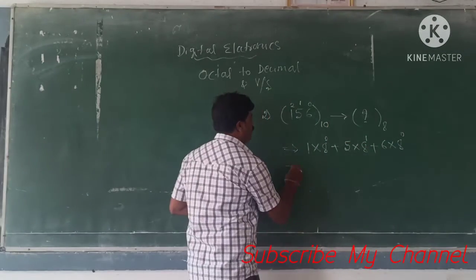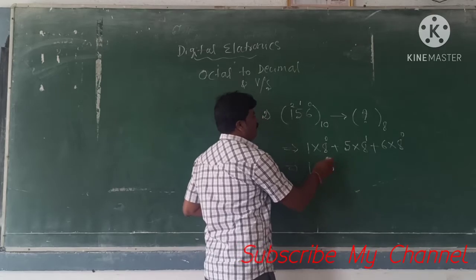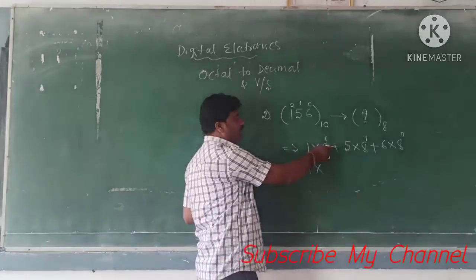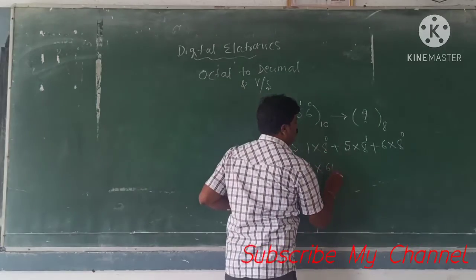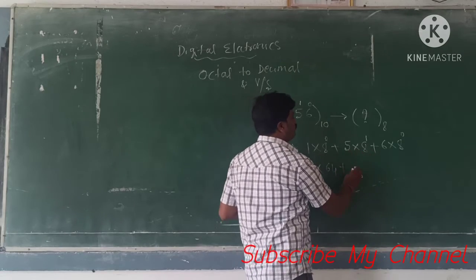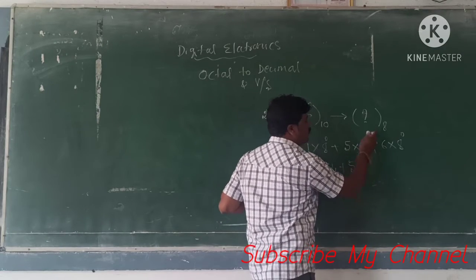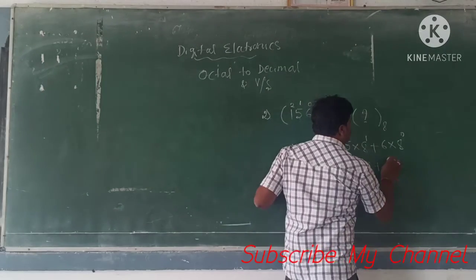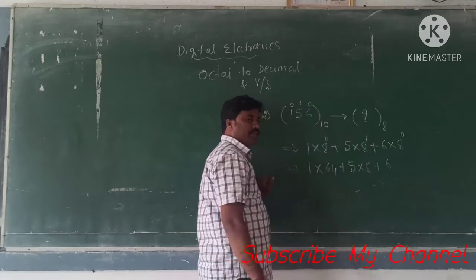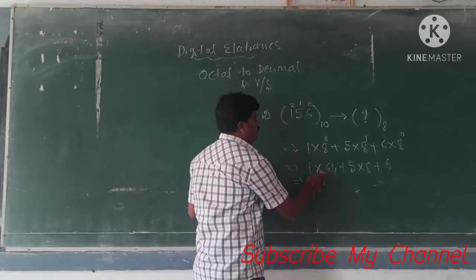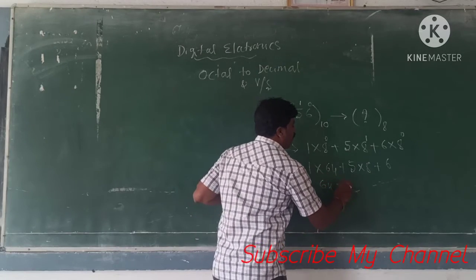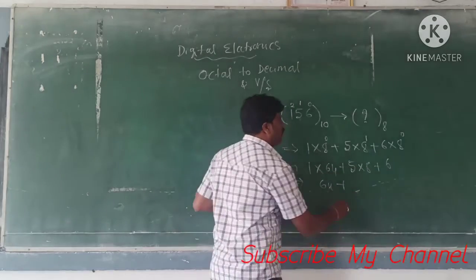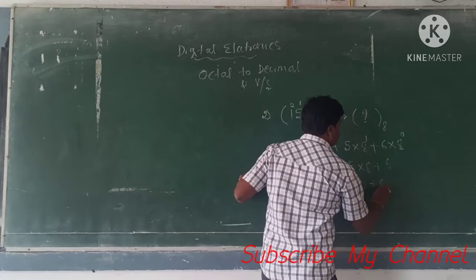Now 1 into 8 raised to 2 means 64, plus 5 into 8 raised to 1 is 40, plus 6.